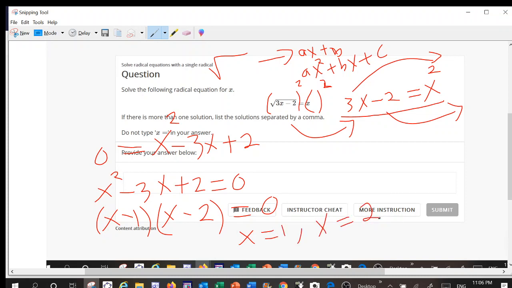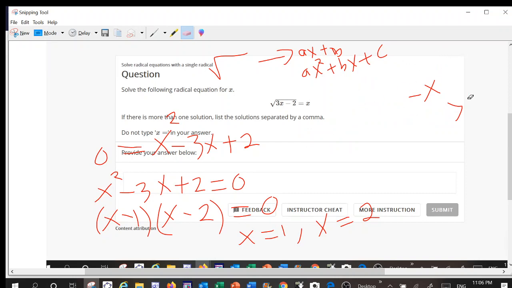Now we have to check and see if it works. Let me erase this and see if this works. Well, if I put a 1 here, I get the square root of 3 times 1 is 3 minus 2 is 1, and the square root of 1, yes.